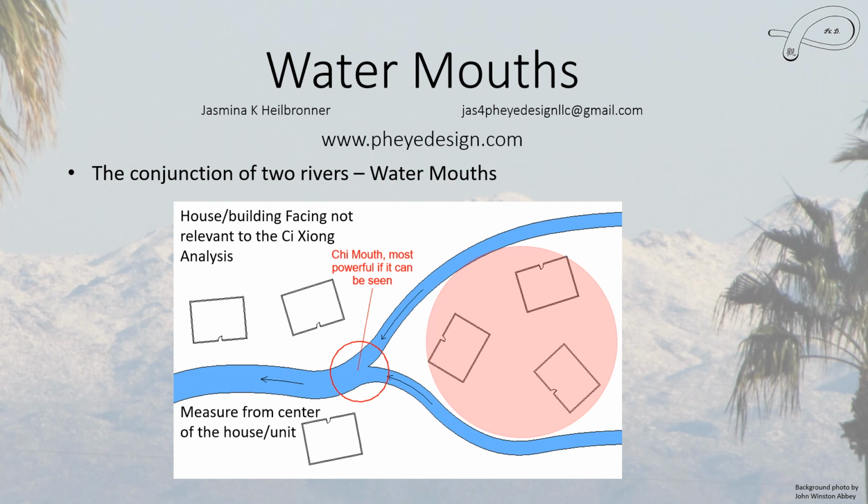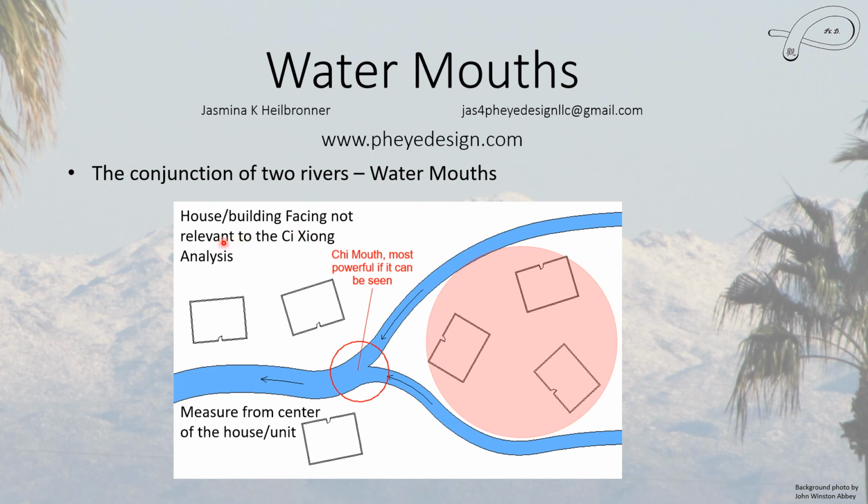So let's look at a more generalized picture. These two buildings will act as a lock. Even if they're single story, they still act as a lock. But only the buildings upstream from this locked chi mouth will receive, or at least possibly receive, the chi that's collected here at the chi mouth.